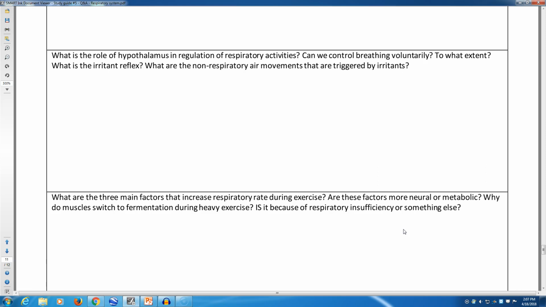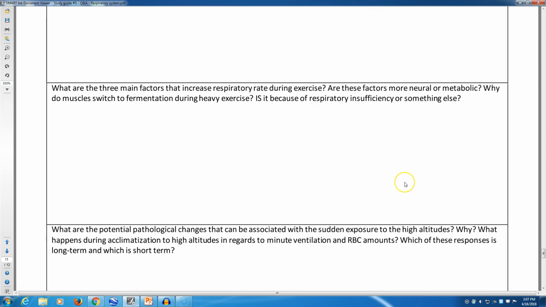So, coughing, sneezing. Three main factors that increase respiratory rate during exercise. First of all, they're all neural. Psychologically, we know that we're going to exercise, right?